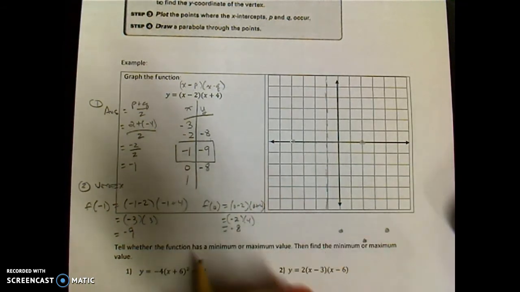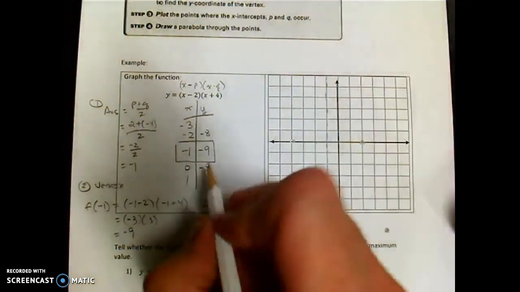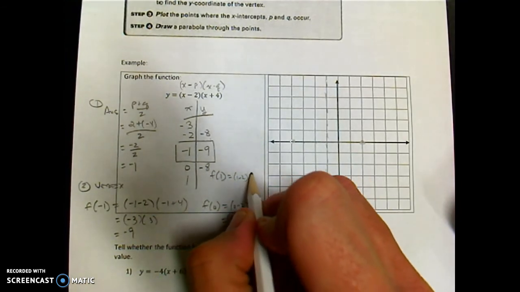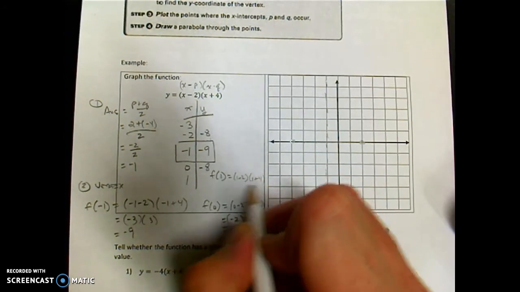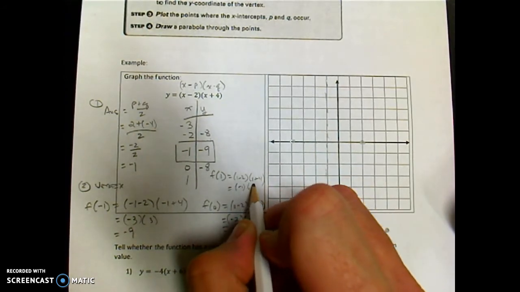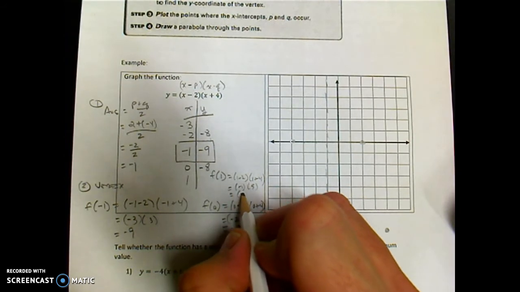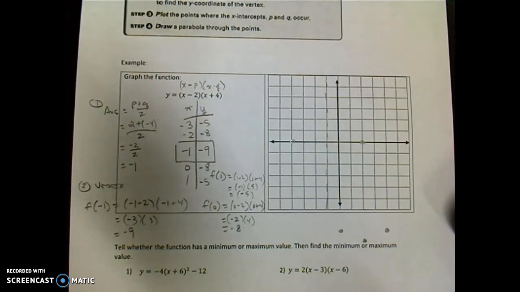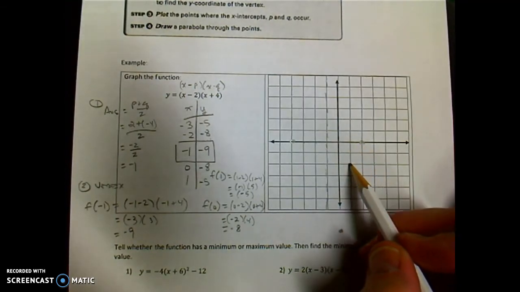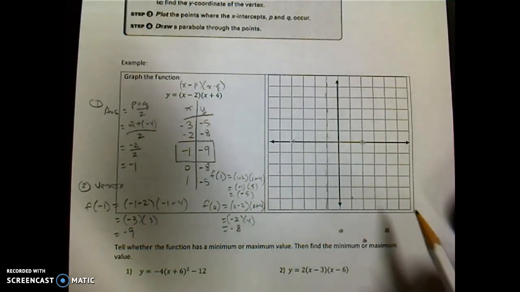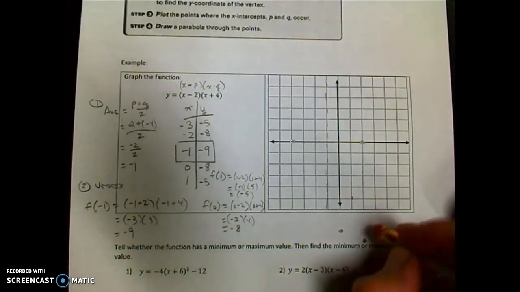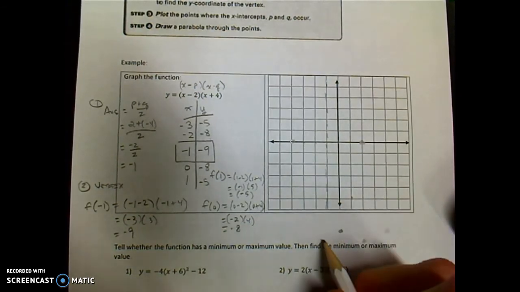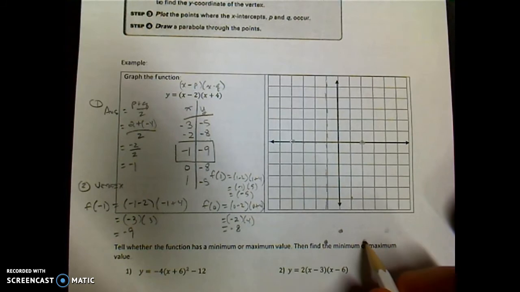Now let's go back and do f of 1. 1 minus 2 times 1 plus 4. So I have negative 1 times 5, which is negative 5. So when x is 1, y is negative 5. I moved my vertex over here.